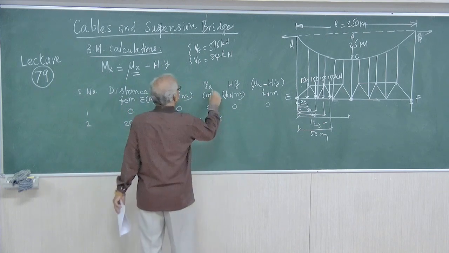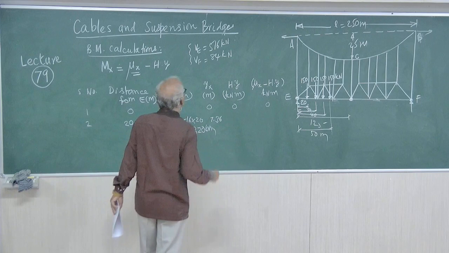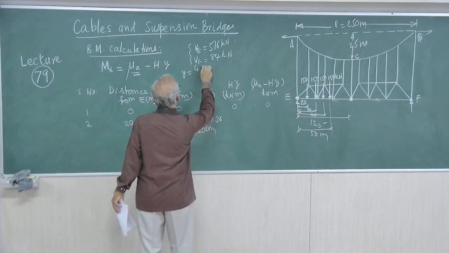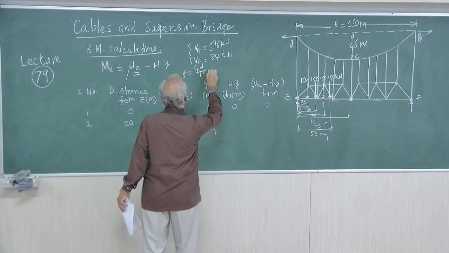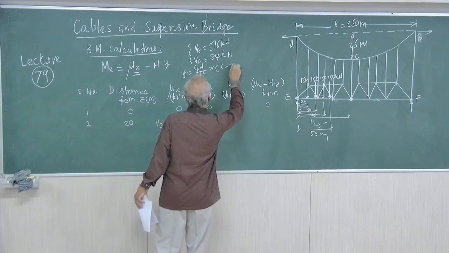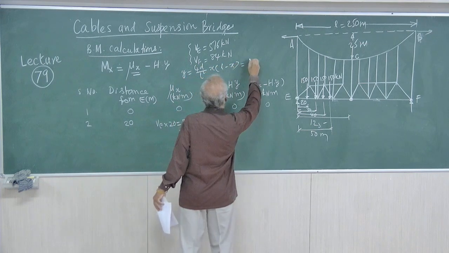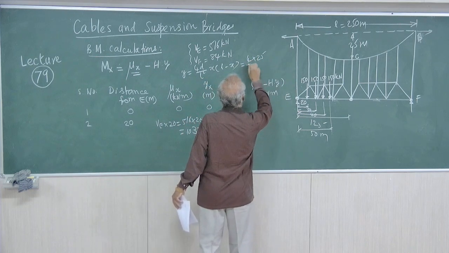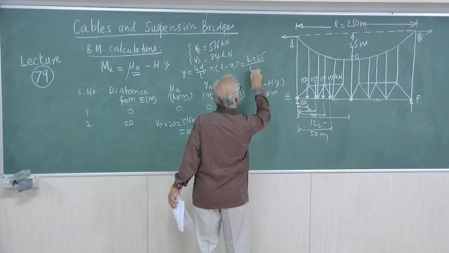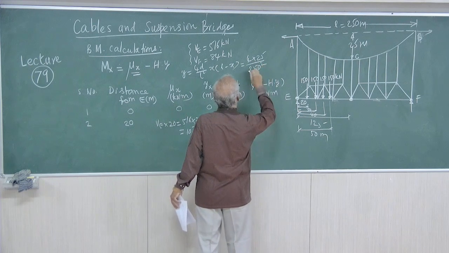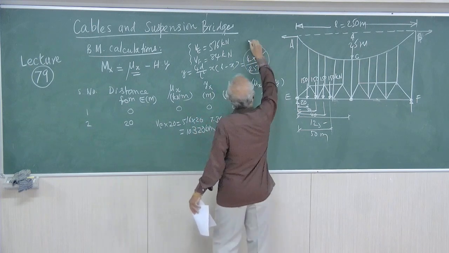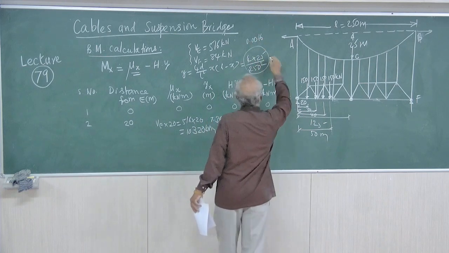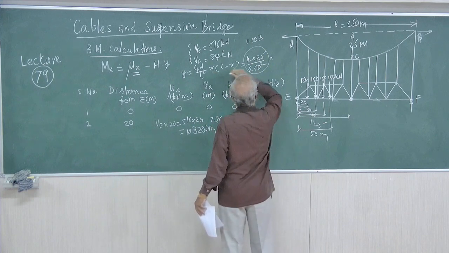7.3, that is, the y value is y equal to 4d by L square into x into L minus x, equal to 4 into central dip 25 by 250 square. On simplification, this will give 0.0016 into x, where x is 20.